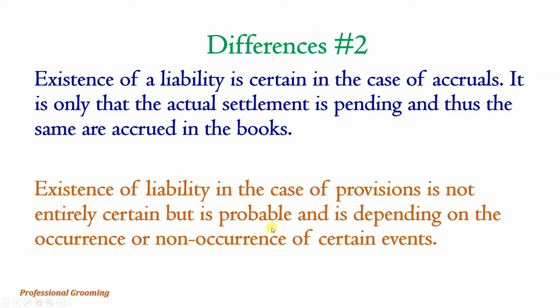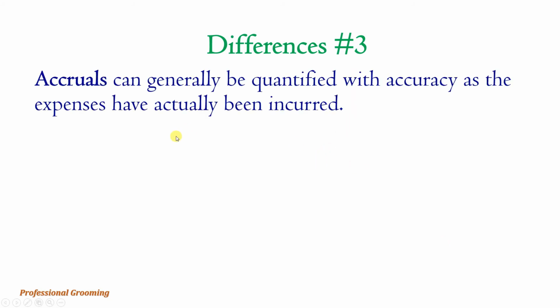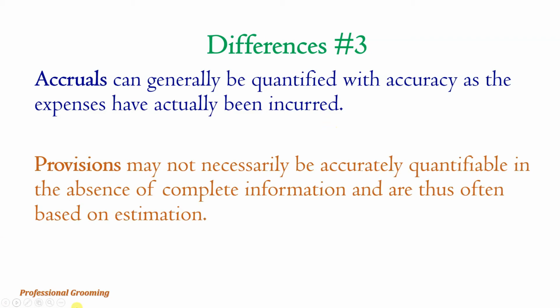As you know, it is probable and depends on the occurrence or non-occurrence of certain events. Difference number 3. Accruals can generally be quantified with accuracy as the expenses have actually been incurred. Provisions may not necessarily be accurately quantified in the absence of complete information and are thus often based on estimation.